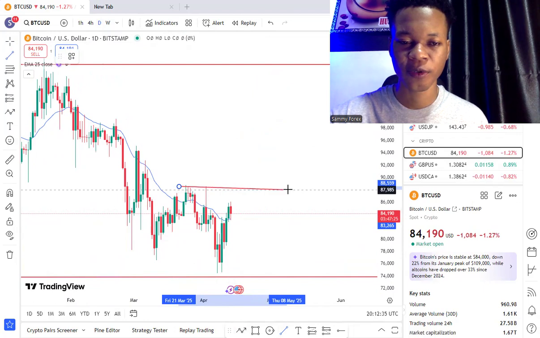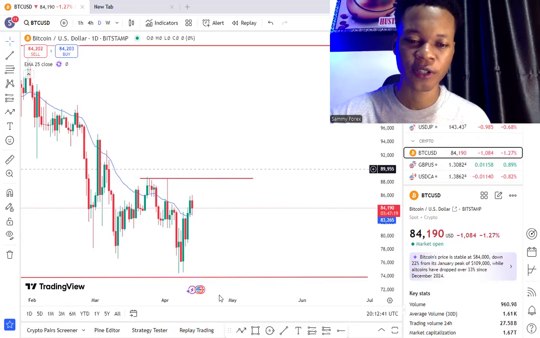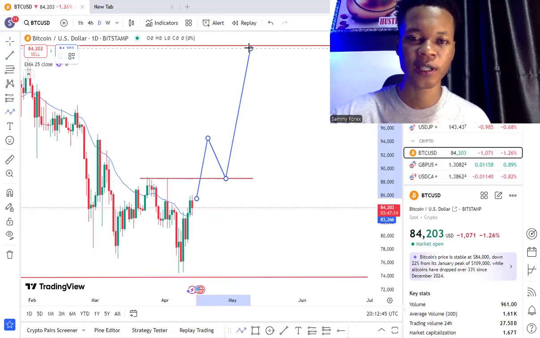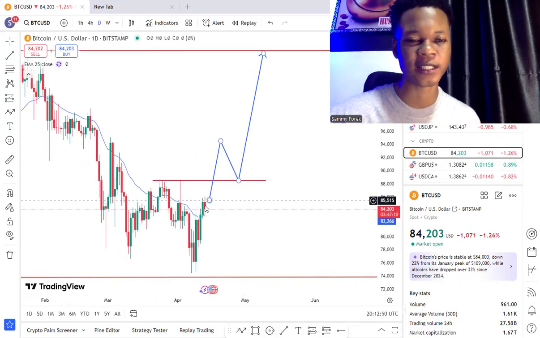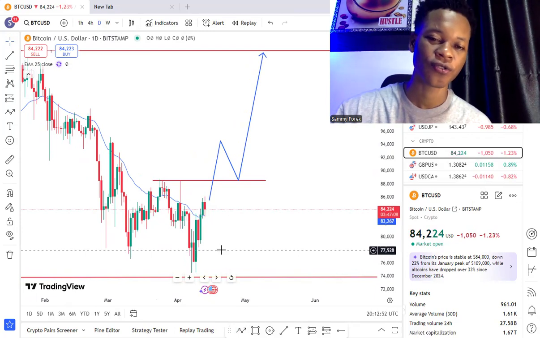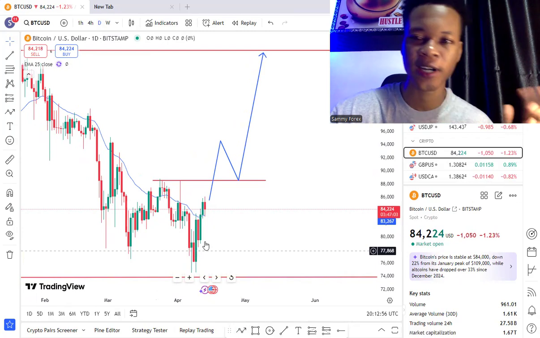Notice price made a consolidation on this particular zone. All you have to do is wait for price to break this high and then take your buy opportunity, join the buyers. If price didn't take out this high, do not enter. All right.